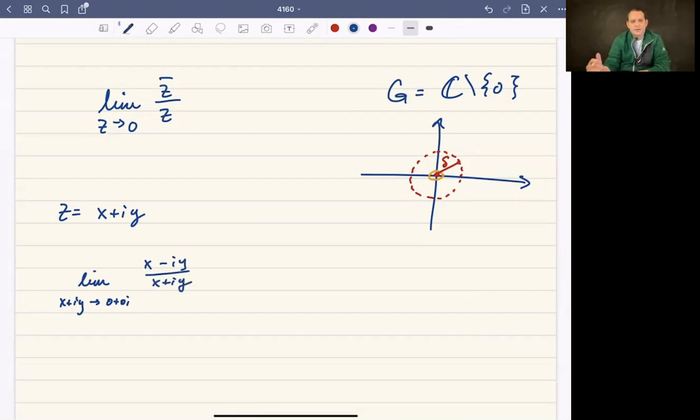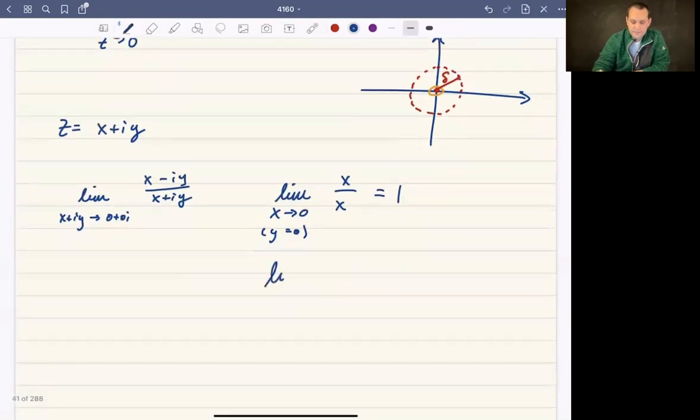So again, z conjugate over z. And so let's think about what's going to happen if we approach when x goes to 0, but y is 0. Okay, so that's a possibility there. So we could look at the limit as x goes to 0 if y is 0, and that's just going to be x over x, which is 1.